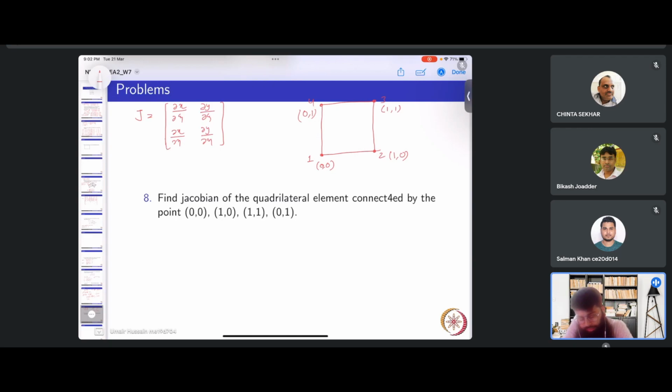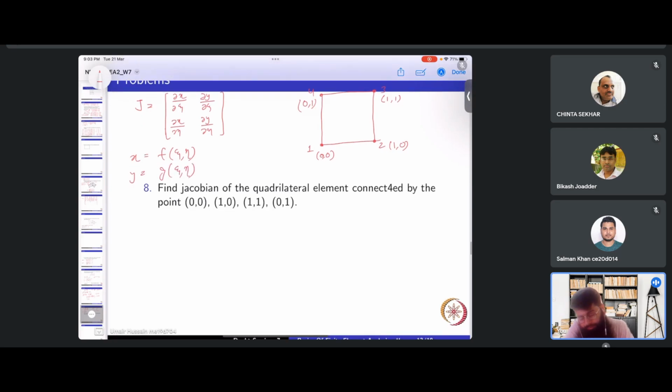In order to find the Jacobian, we want to find x as a function of zeta and eta, and y also as a function of zeta and eta. For that purpose, we have this formula: x is the summation of psi i times x i, where psi i are the shape functions.